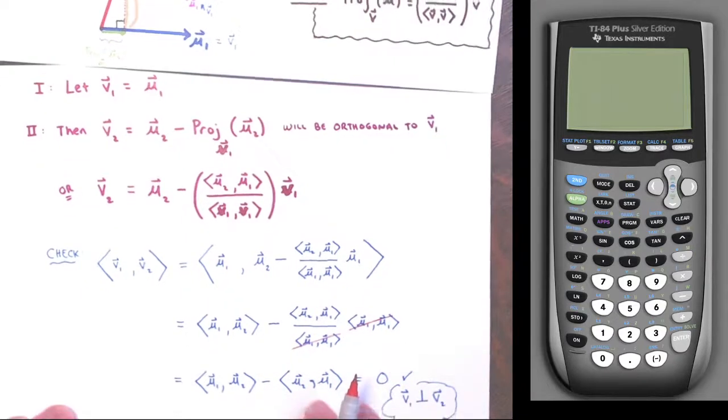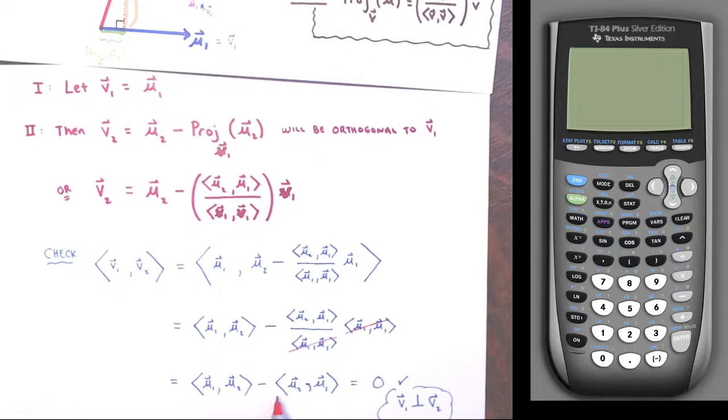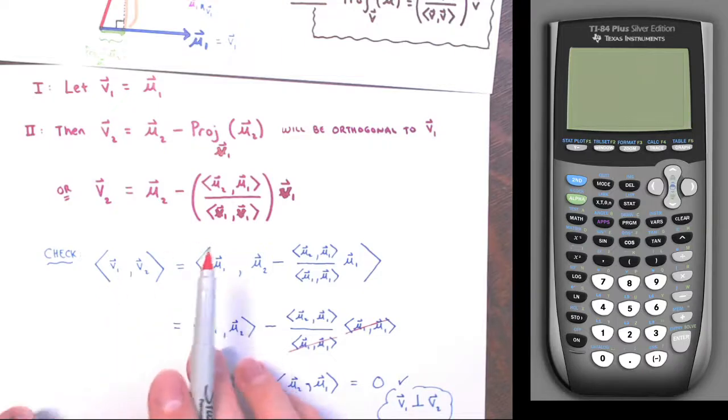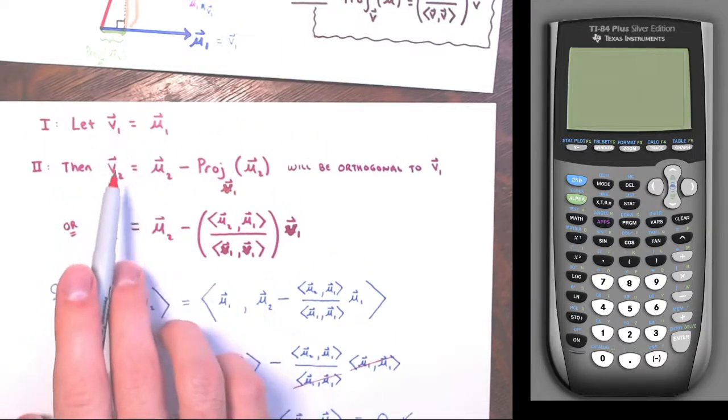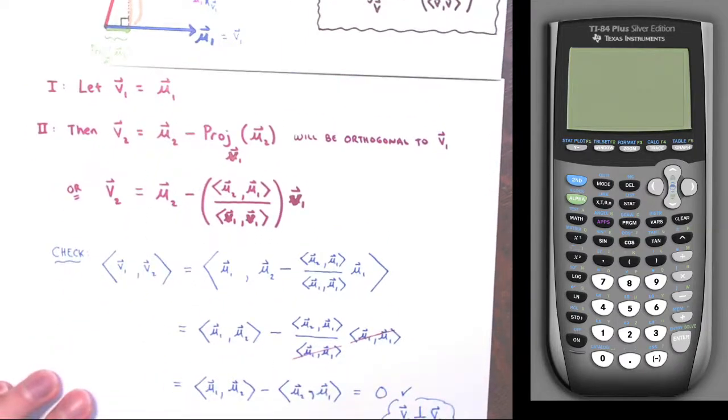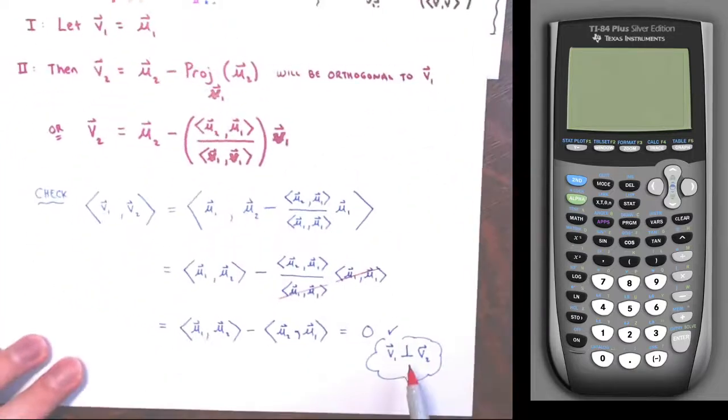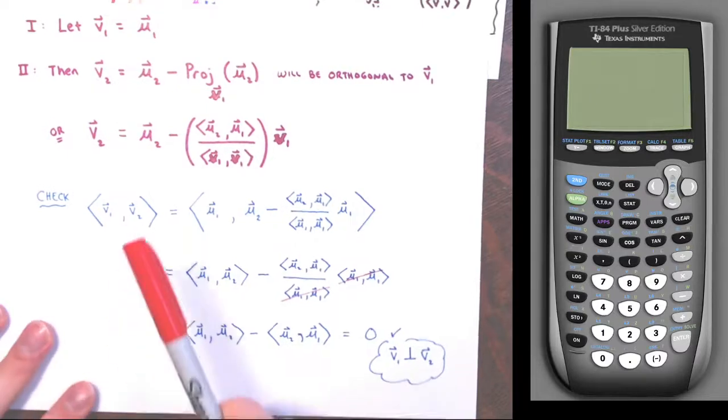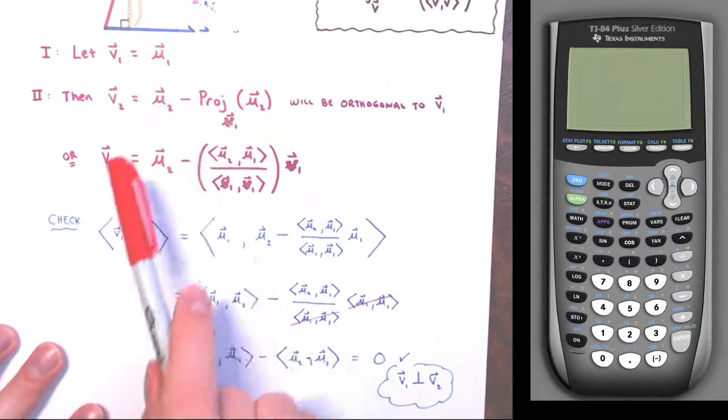I'm left with the inner product of u1 with u2 minus the inner product of u2 with u1. But remember the symmetry property, or commutative property, for inner products. These are the same, so this is 0. So the way I have set up v1 and v2, they are orthogonal. Remember the little perpendicular symbol for orthogonal.